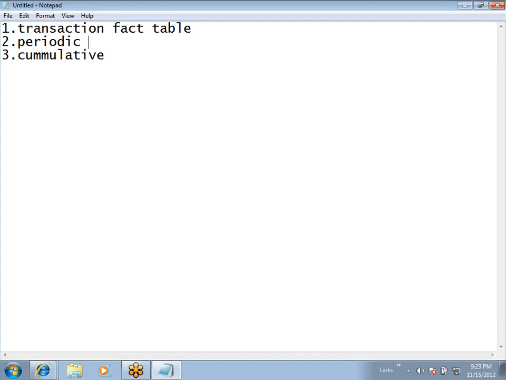These kinds of transactions, whatever happened in the business, all those transactions directly will be stored in one table, that is called the transaction fact table.